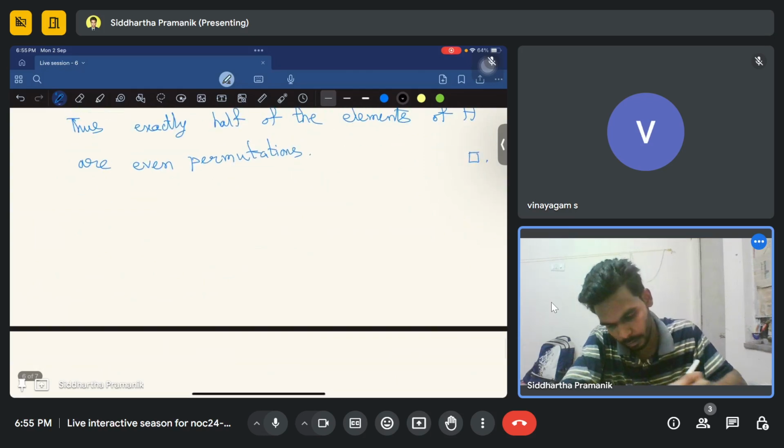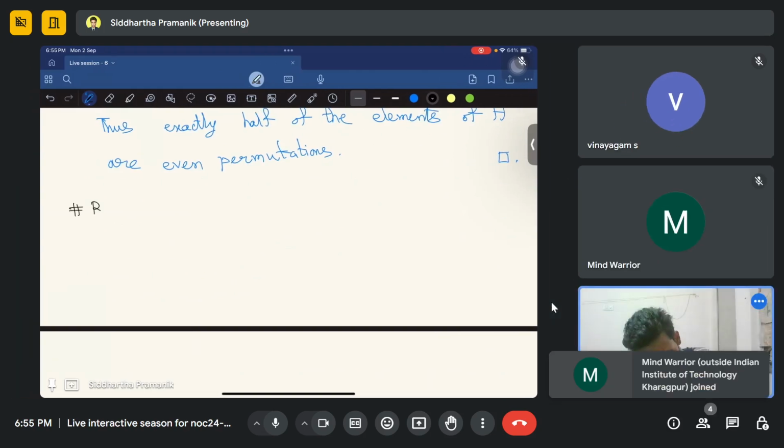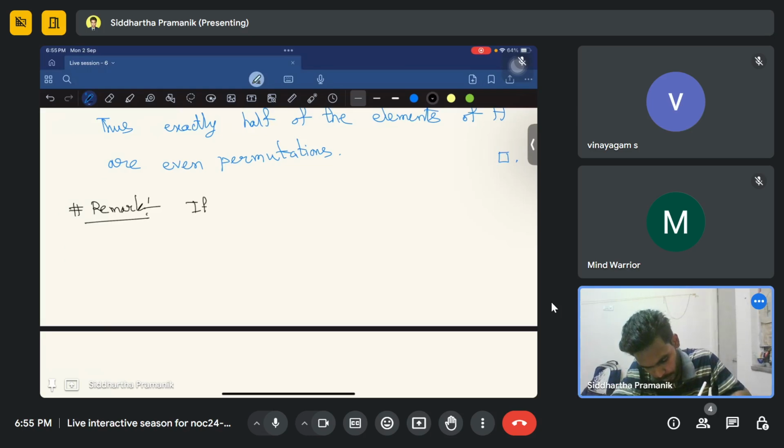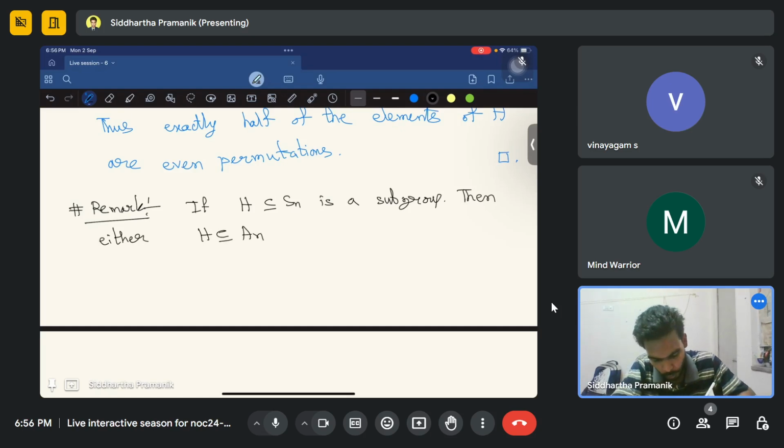One thing can be observed from this, and let me put that as a remark. If H, a subset of Sn, is a subgroup, then either H is a subset of An, meaning all elements of H are even permutations, or exactly half the elements of H are even.